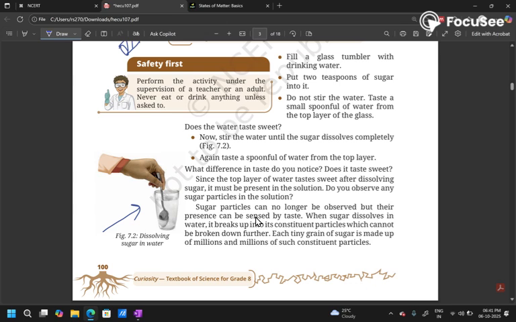We will just let the sugar settle down, and using the spoon, we'll just take the contents from the top of the glass and try to taste the contents of the glass. Do you feel that the water tastes sweet? The answer would be no. This is because the sugar has not yet dissolved in the contents of the water.